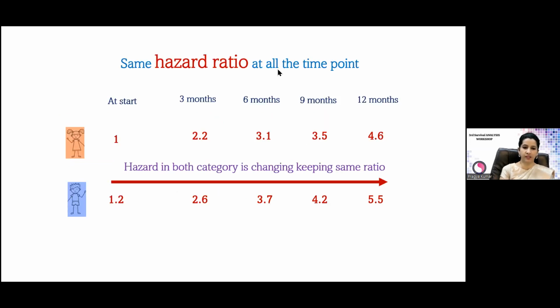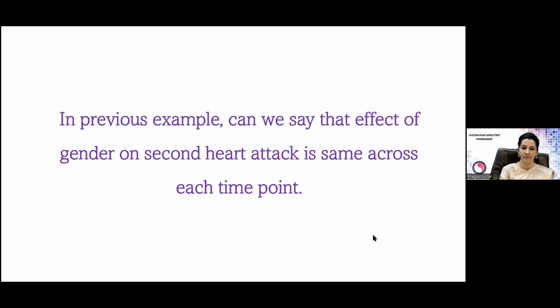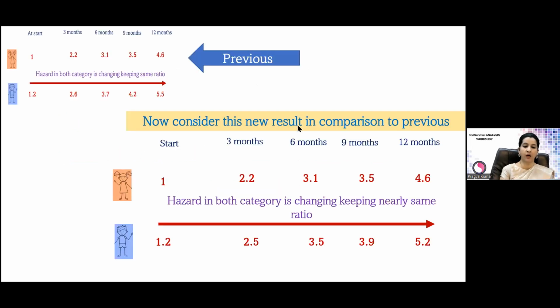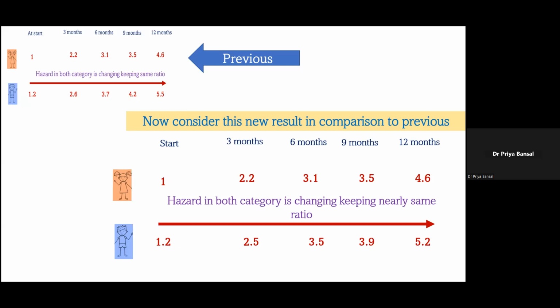Because if you see this, at every time point the hazard ratio is the same in male and female. That means we can say that the effect of gender is the same across each time point. Now consider this example. So this is 1.2, but now take out this ratio 2.5 by 2.2. What will be the value? 1.13. 1.18.